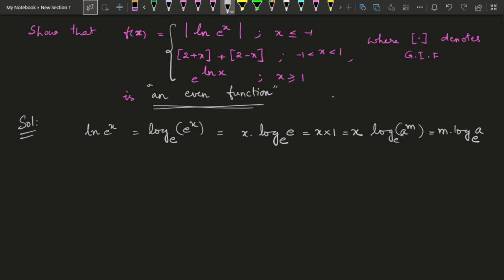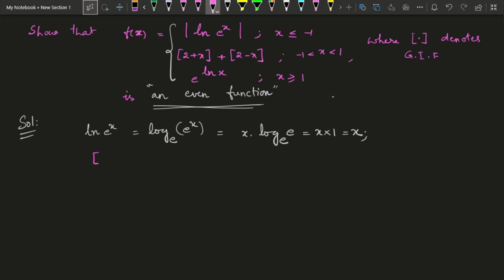Similarly, integral part of 2 plus x plus integral part of 2 minus x. What about this function? Now, how can we do this? For that, you should get to know this property.